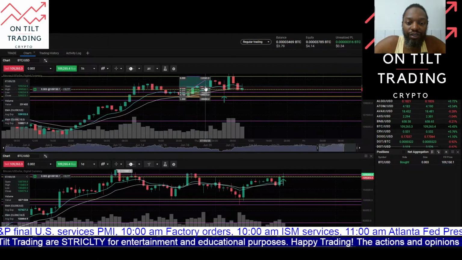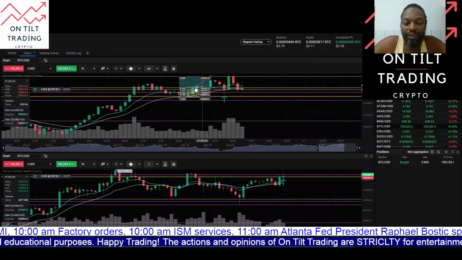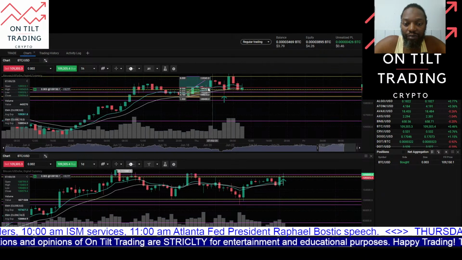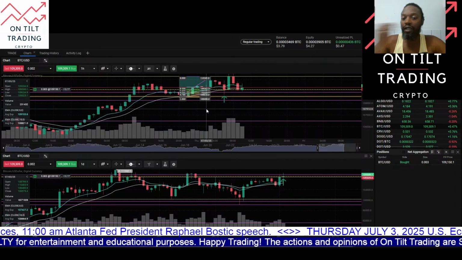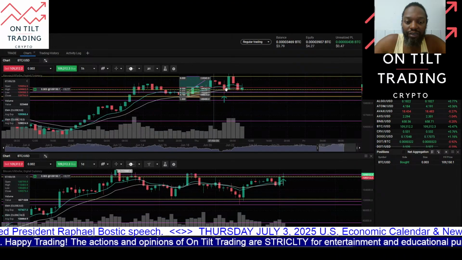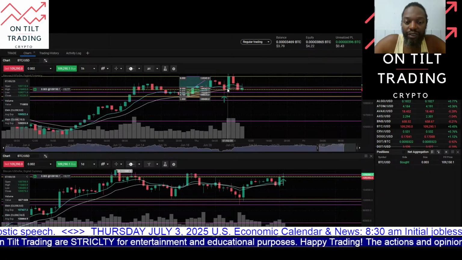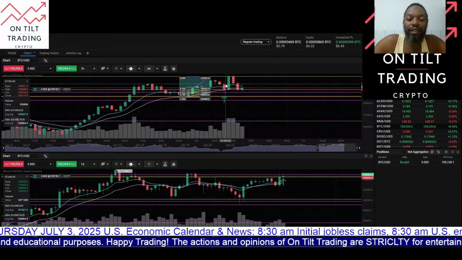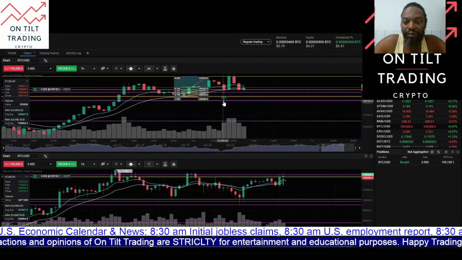For entry, since there's already been a break of structure prior to my trade window, I'm going to be looking for a pullback to an optimal trade entry. If this were price action still trading within a range, and then let's say it broke out of the range at some point within my designated trading window, then I would wait for, or set a limit order for, a pullback at that point.